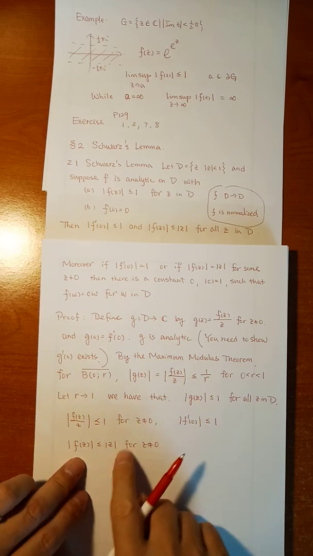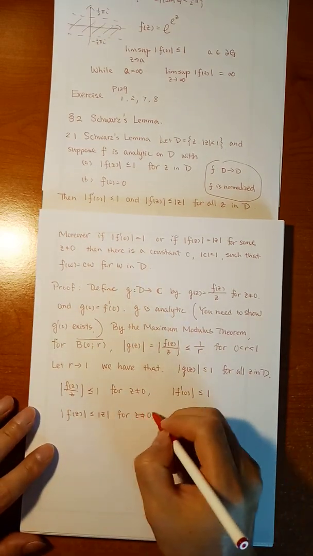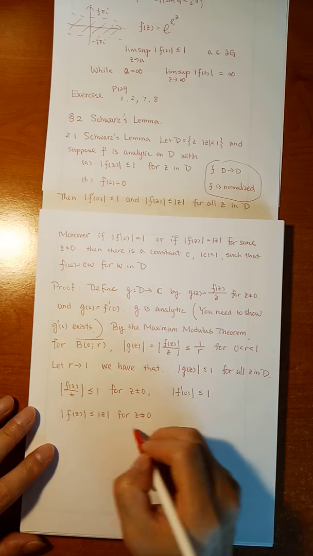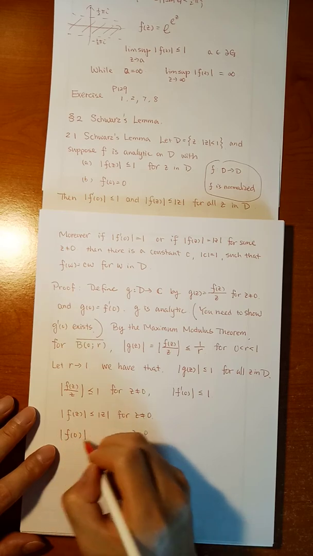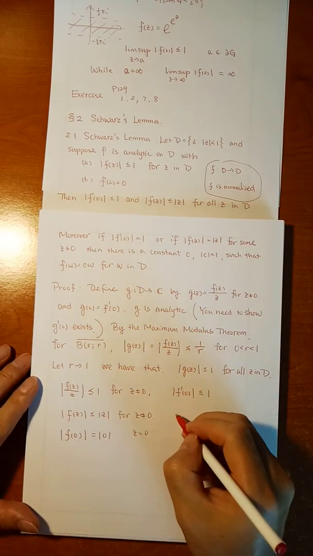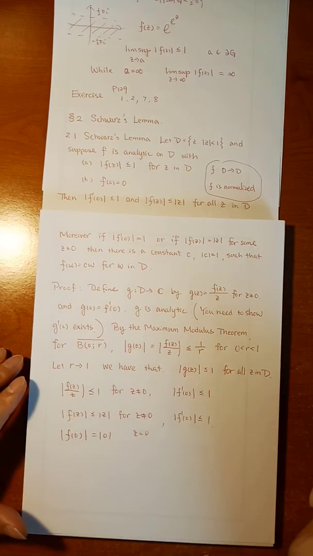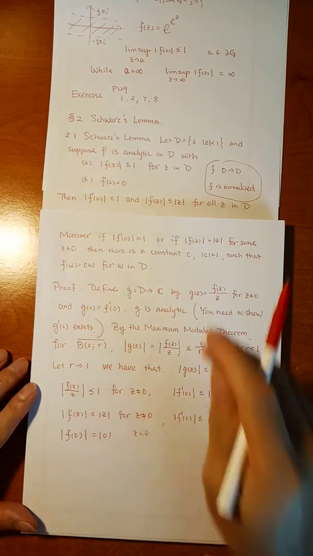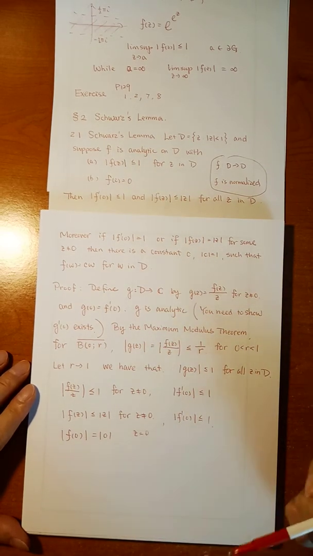When z is equal to 0, this is 0 less than or equal to 0. It does not violate, so you can drop this case. So you have equality, so they are unified. So that's exactly the statement we want. So you only apply the maximum modulus theorem to the function g, you can automatically get it.